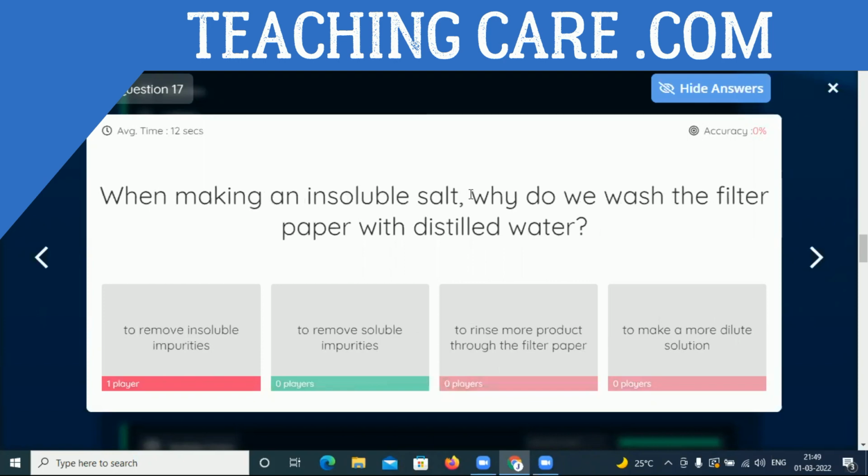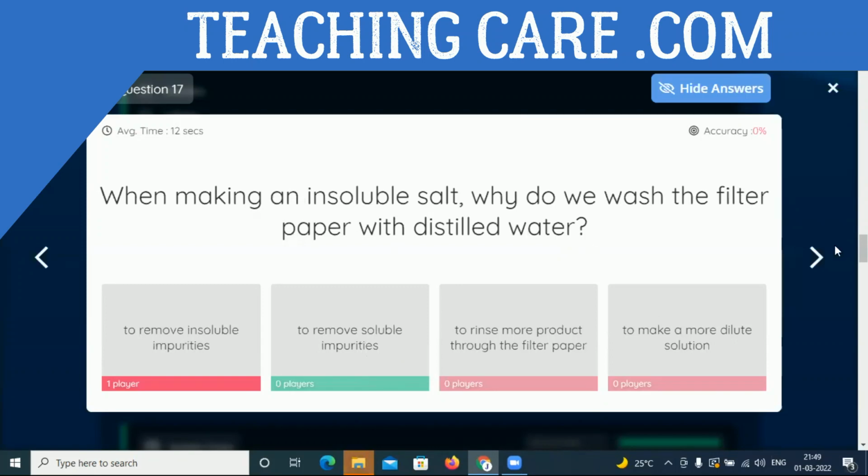Here also, see, you made a mistake. When making an insoluble salt, why do we wash the filter paper with distilled water? It is to remove the soluble impurities, right? If you do not wash it, you will not remove the soluble impurities in the filter paper. So you need to wash it with water at that time.